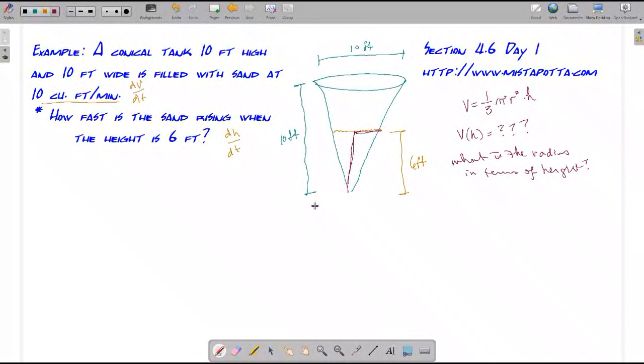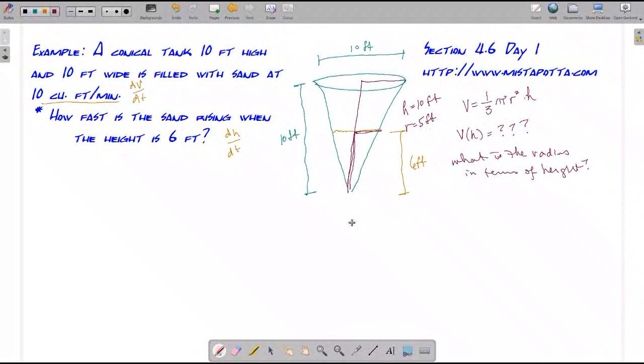And as I add sand in, it's going to change until ultimately I reach the full container. Now the full container has a height of 10 feet and a radius of 5 feet.